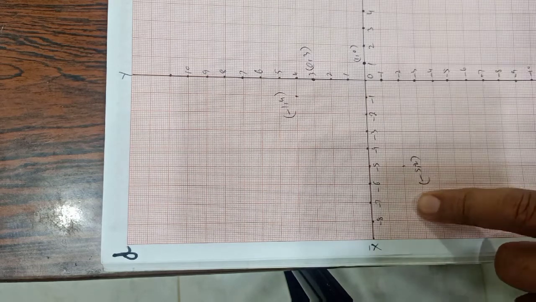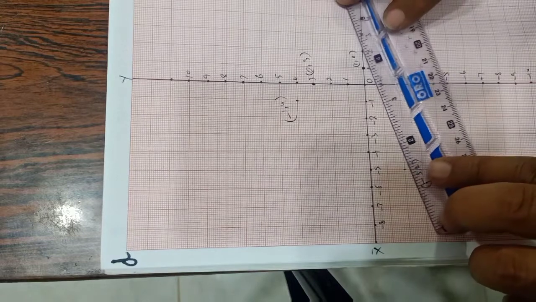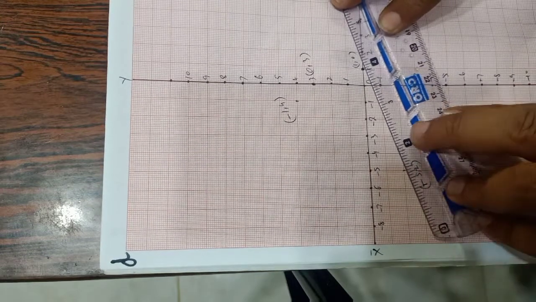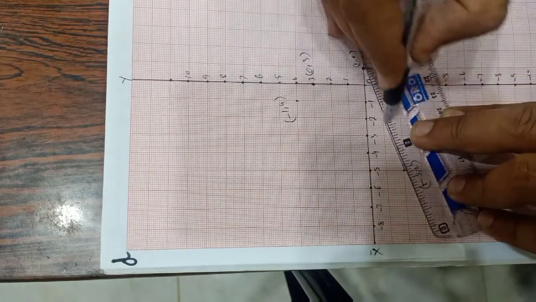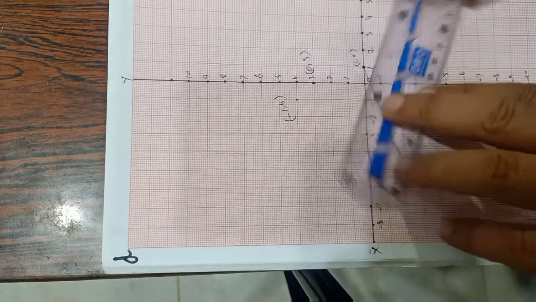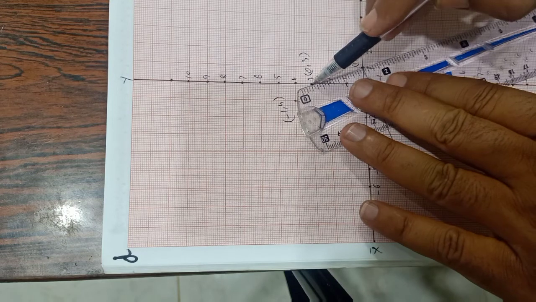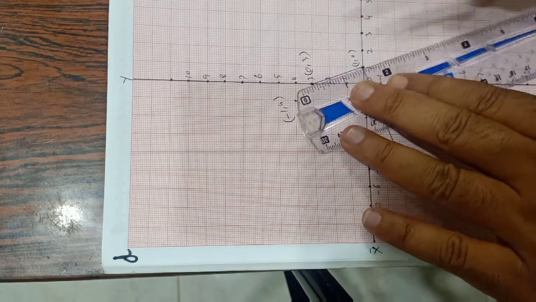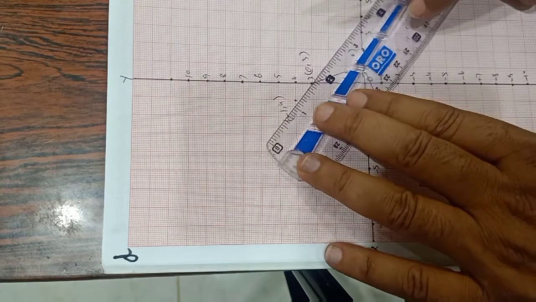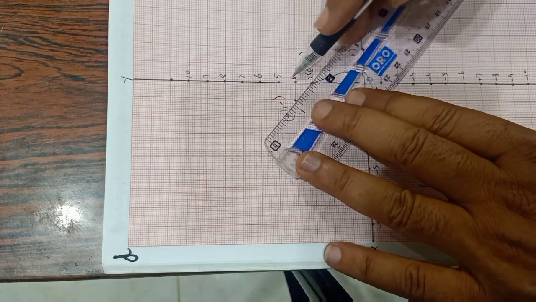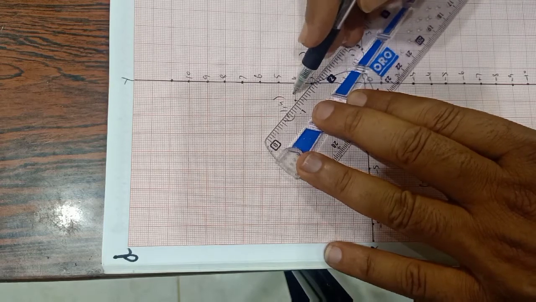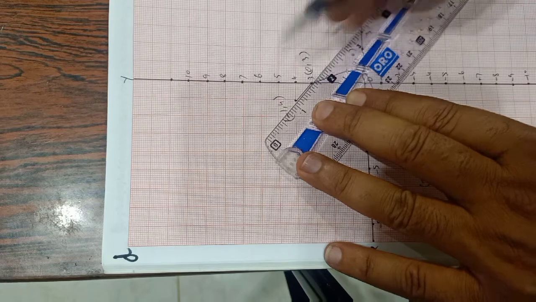Now we will join all the 4 points with the help of a scale. These are the 4 points that we are going to join, and this will be just a quadrilateral, because this figure doesn't have any similarity in the sides.